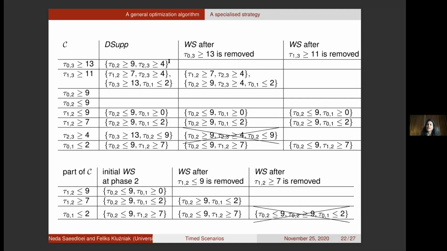So we go ahead and remove the constraints in that order as long as they have supports, and we update the supports. At the end of this phase, we are left with 3 constraints which still have supports. These constraints are shown in the bottom table, and then we remove them one by one, and at the end we stop when there is no constraint with any support, meaning that we cannot remove any more constraints.